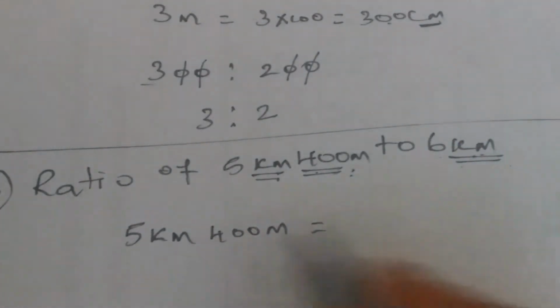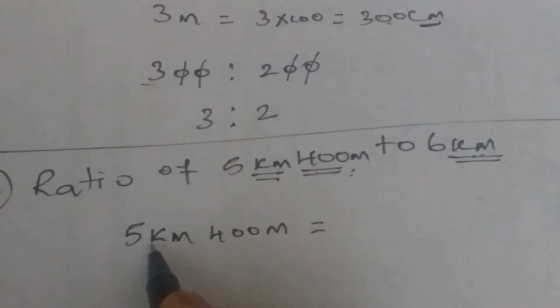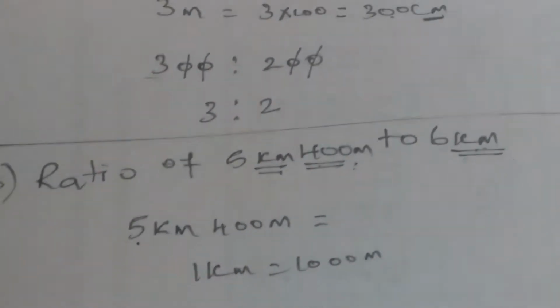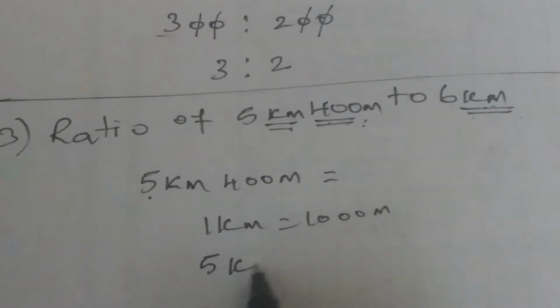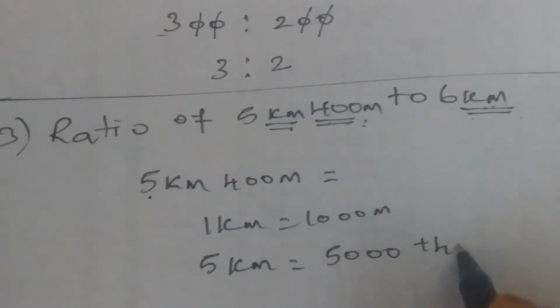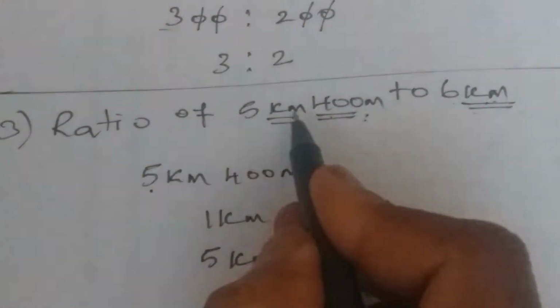We'll convert both of them into meters. It is easy now. We know 1 kilometer is, what is 1 kilometer? 1 kilometer is 1000 meters. Therefore, 5 kilometers is 5 into 1000, 5000 meters. Plus we have here 400 meters. So 5000 plus 400 we get 5400 meters.